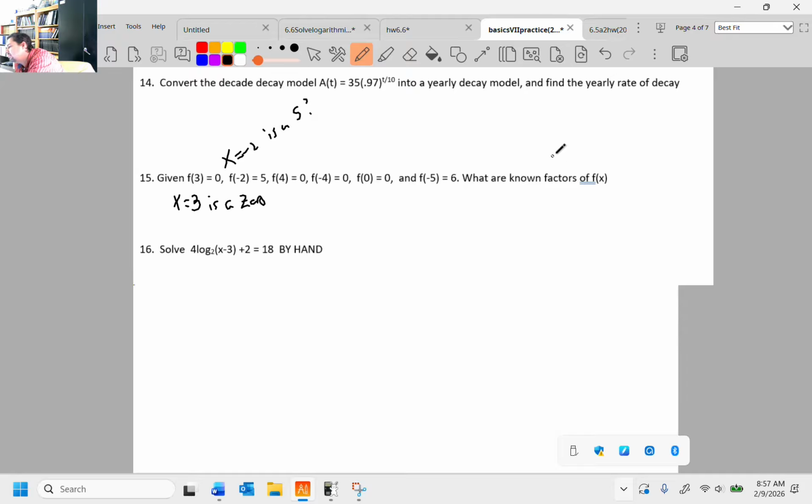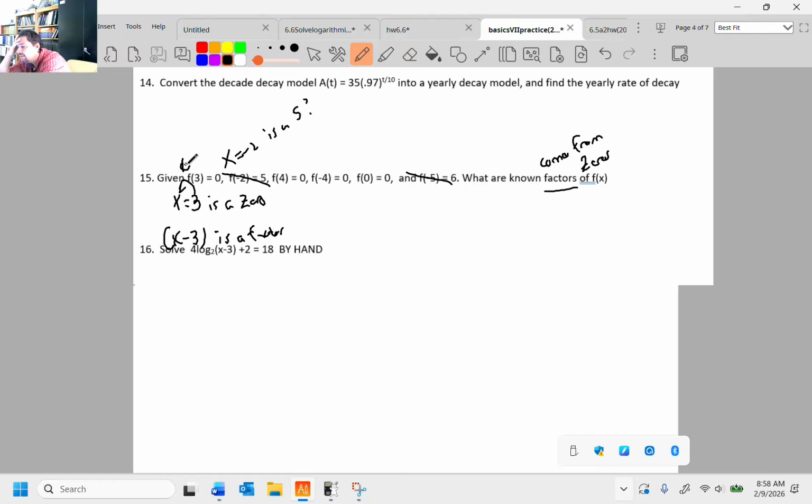Now, factors come from zeros. So if it isn't equal to 0, I'm not even going to pay attention to it. Now that says x equals 3 is a 0. That means that x minus 3, what happens when you shift right, is a factor.